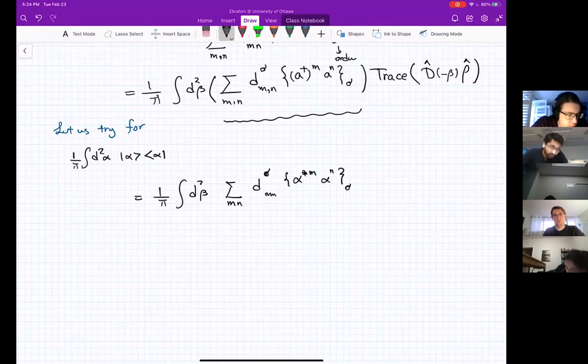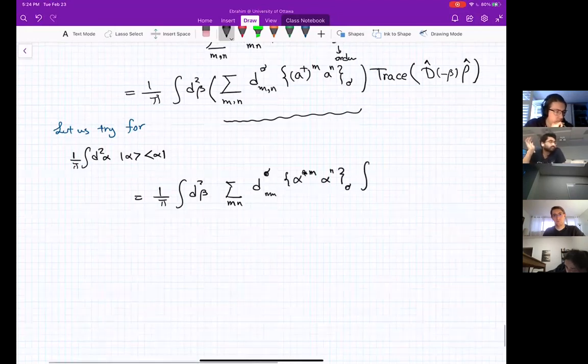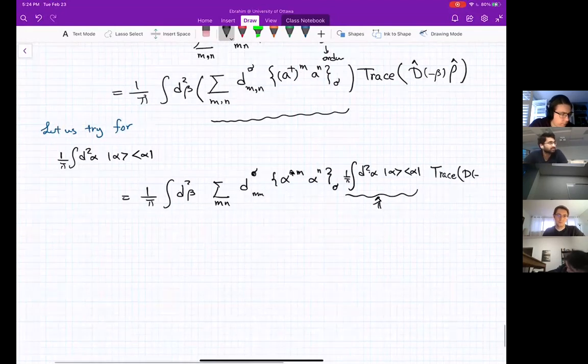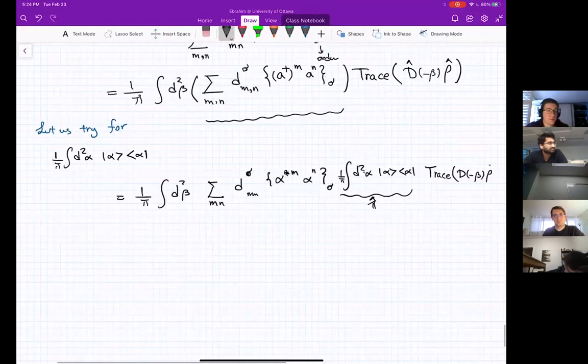And again, they will give alpha and alpha star, and the integral d2 alpha, alpha, alpha is exactly equal to 1 again. And then trace of D of minus beta on rho. Okay, good. I think yes, that's correct.